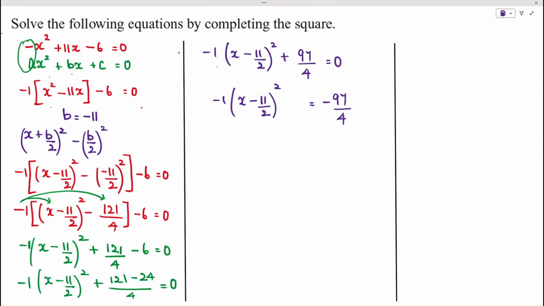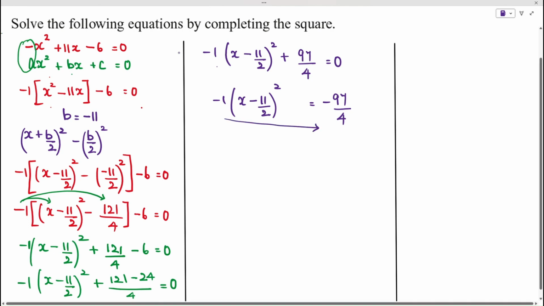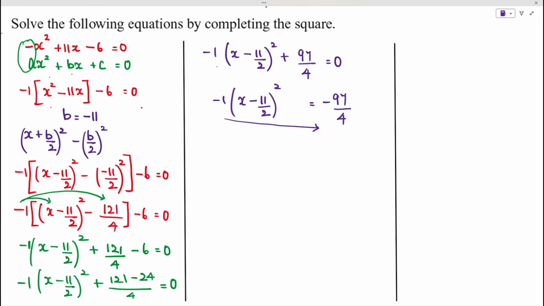Now we're going to move our minus 1 to the other side, and so for this we get x minus 11 over 2 the whole squared is equal to minus 97 over 4 times minus 1. And so we can cancel out our minuses in our numerator and our denominator.